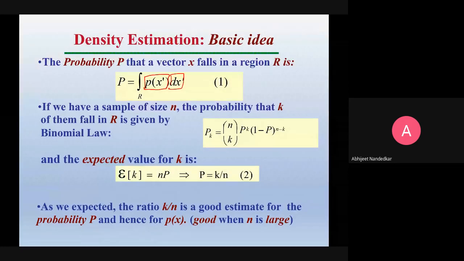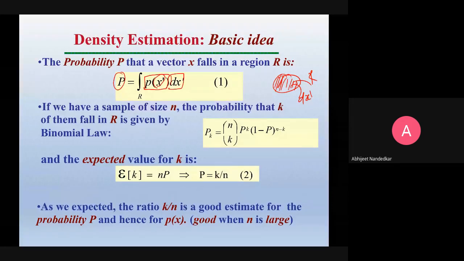So small p of x dash is some variable which runs over this region, and I am just integrating over that region. Say this is my region, so my integration will run for all this region, and we are taking x dash as our variable.